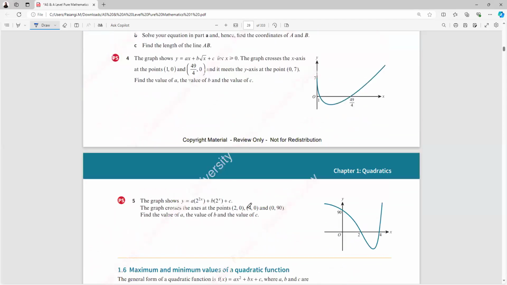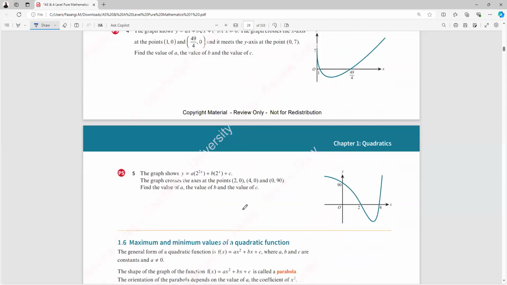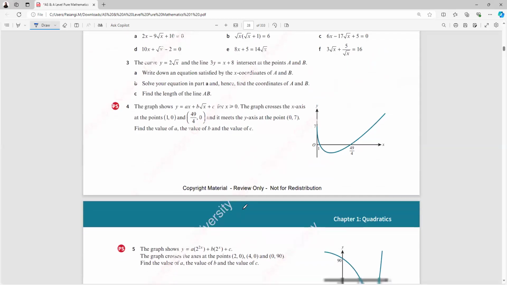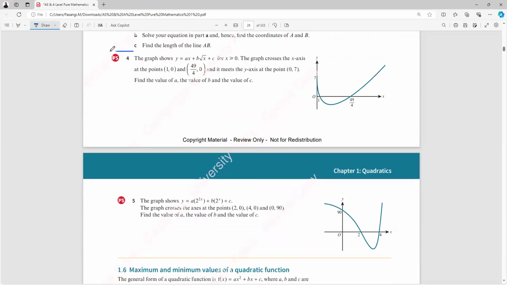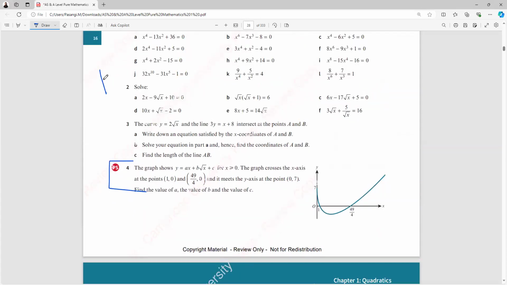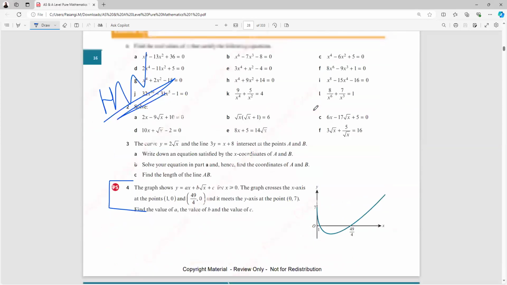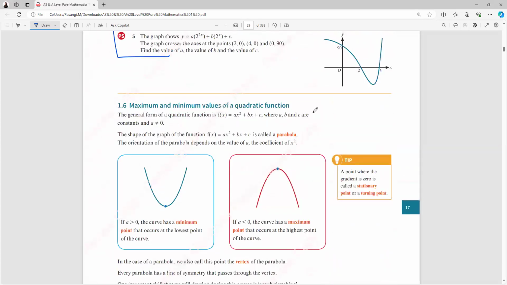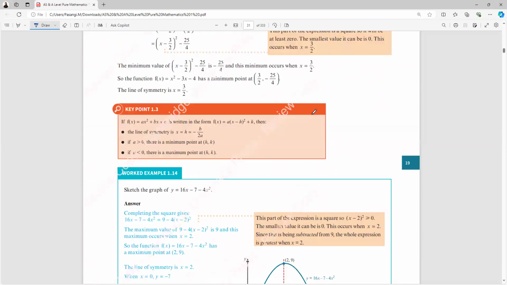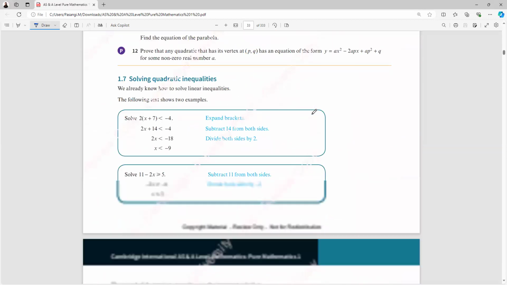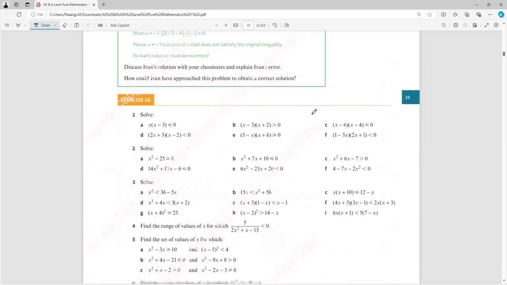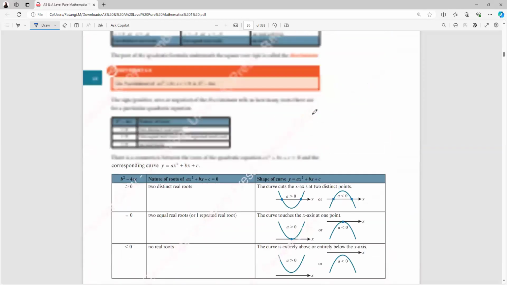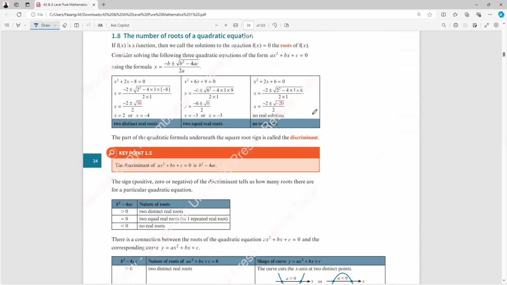Okay. Can you do the last two questions, question number 4 and question number 5 here? The rest you can do at home. Those ones you can do at home. Okay.